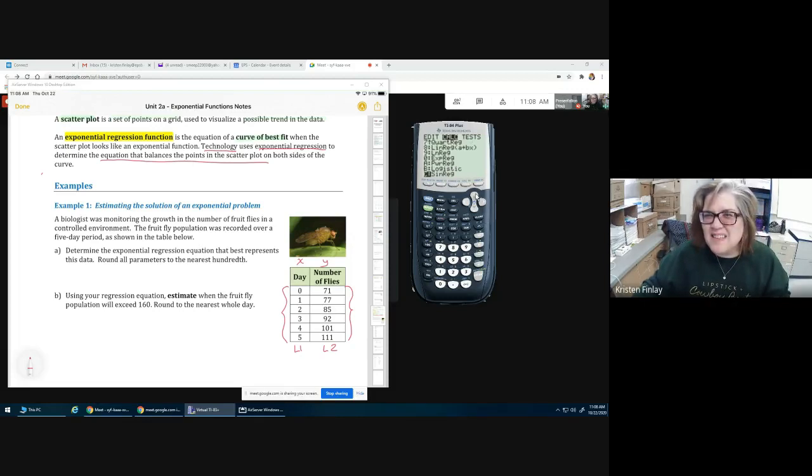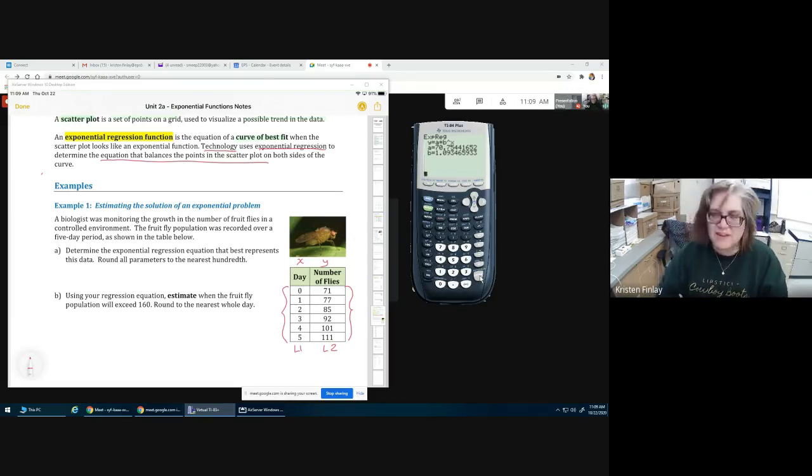I'm jumping the gun. Press 0. Exponential regression. So 0 is our selection. And then we'll go second function 1, comma, second function 2. And that's just to get my L1 and L2, my two lists. And then enter. And we're going to get our exponential regression.